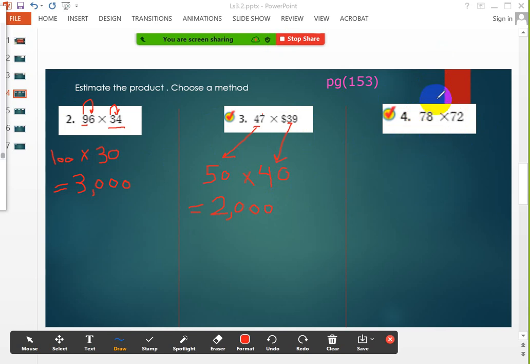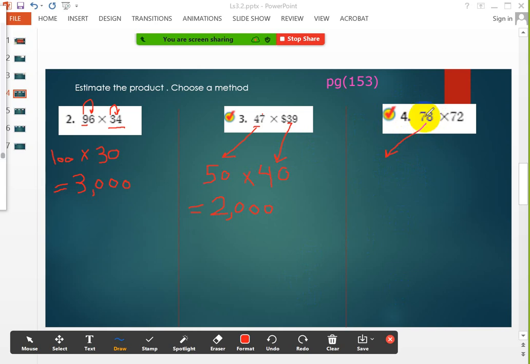Yes, dear. I want you to solve with me number 4, Rimas. Okay? I want you to round 78 and 72 to the nearest 10, and then we will find the product. Let's start together. 78. If you want to round it to the nearest 10, it will be what?